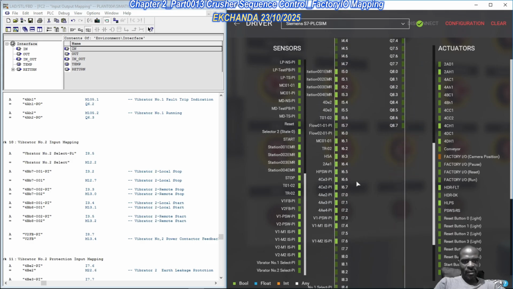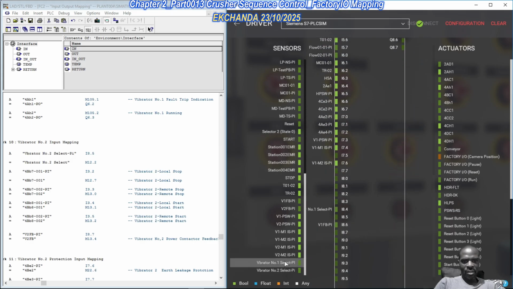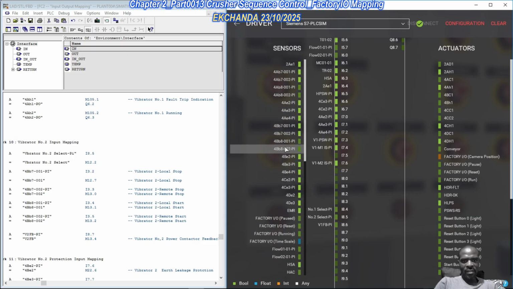Okay, and then the local stop, remote stop by way of 4BB7. 4BB7 001 and 4BB7 002 will be mapped to input 3.2 and input 3.3.